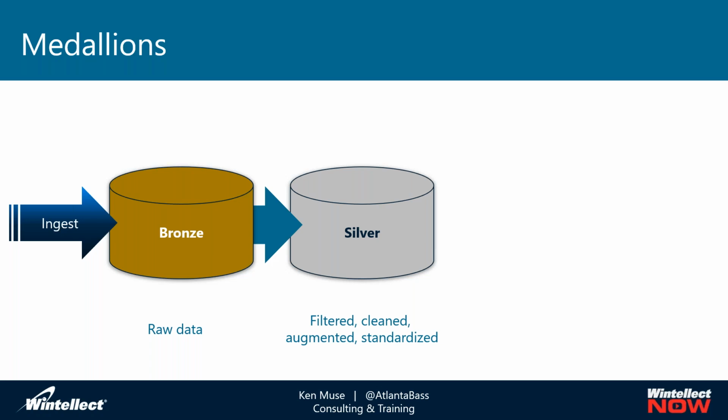As we move into silver, the data becomes standardized. It may become optimized for doing deeper analysis. So we may have 3 or 4 pivots of the data into different formats, each optimized to pull out specific things we need at very high speeds across the cluster.